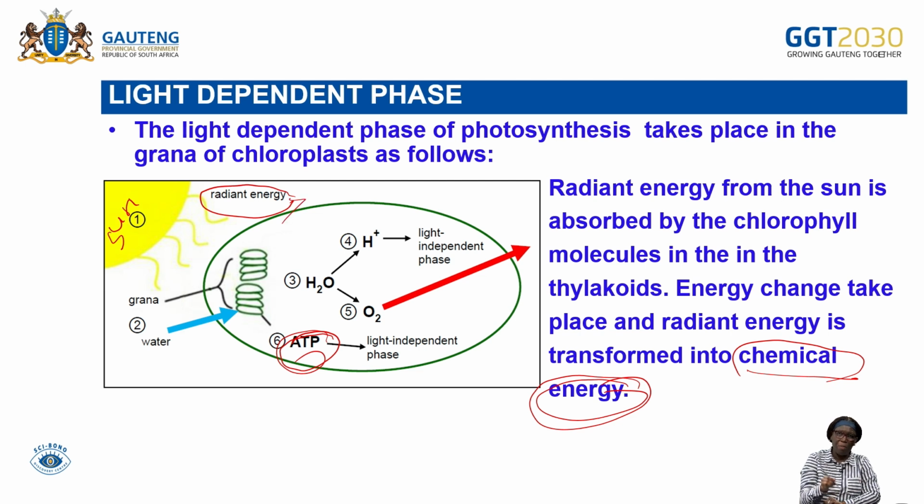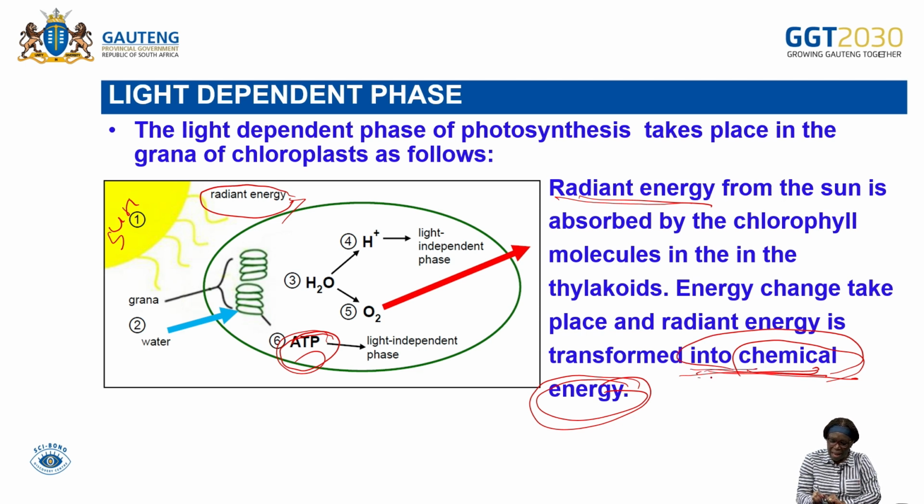Radiant energy will be trapped in the what? In the grana of what? Of the thylakoid. And then in the grana of the thylakoid, that radiant energy will change into what? Into chemical energy. Remember, energy is not lost, isn't it? But it can be transformed from one form to another. So now, radiant energy is changed into chemical energy.